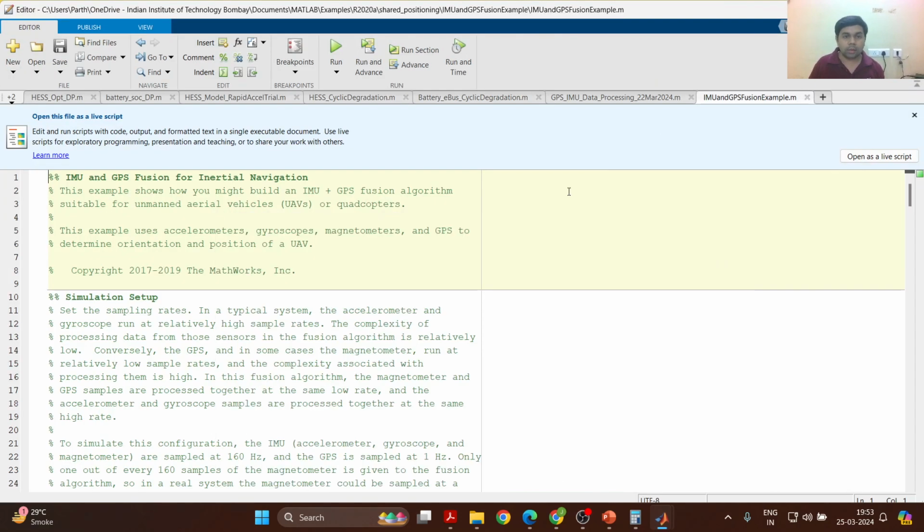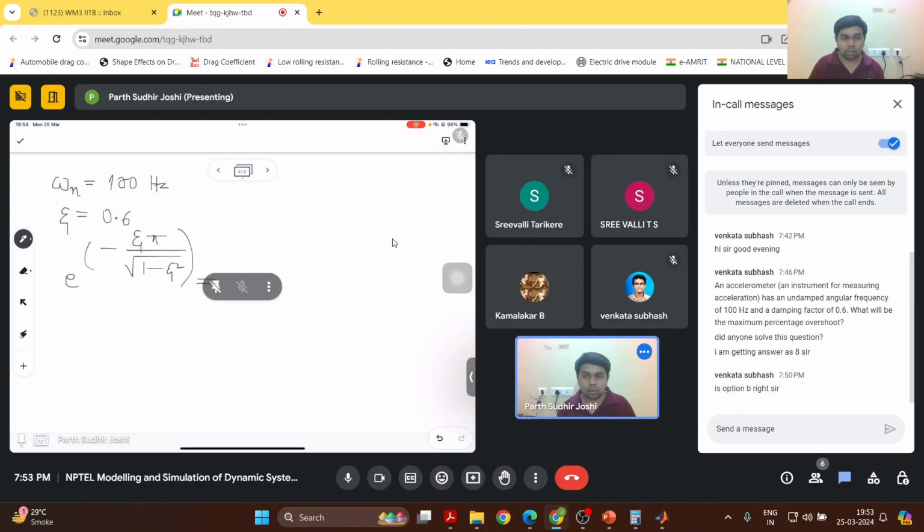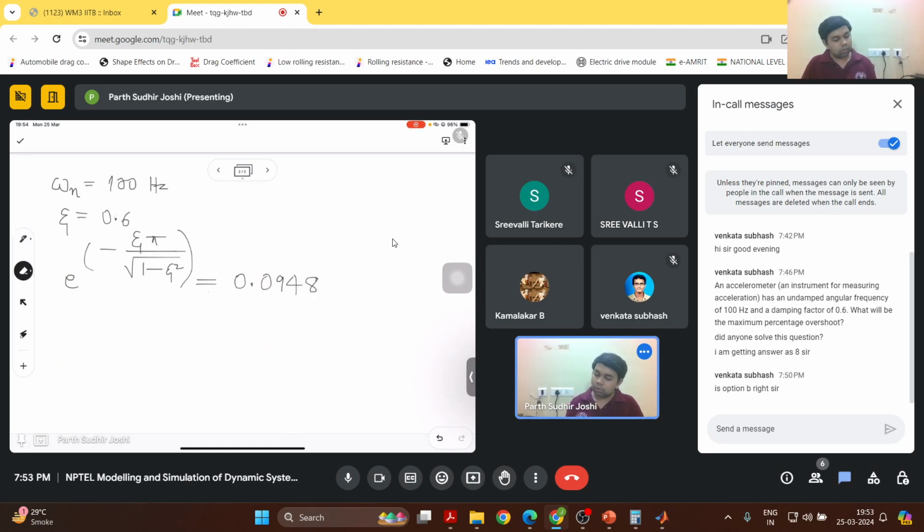I am getting the answer as 0.0948. Here the natural frequency is not required, it's only the damping ratio that is required.